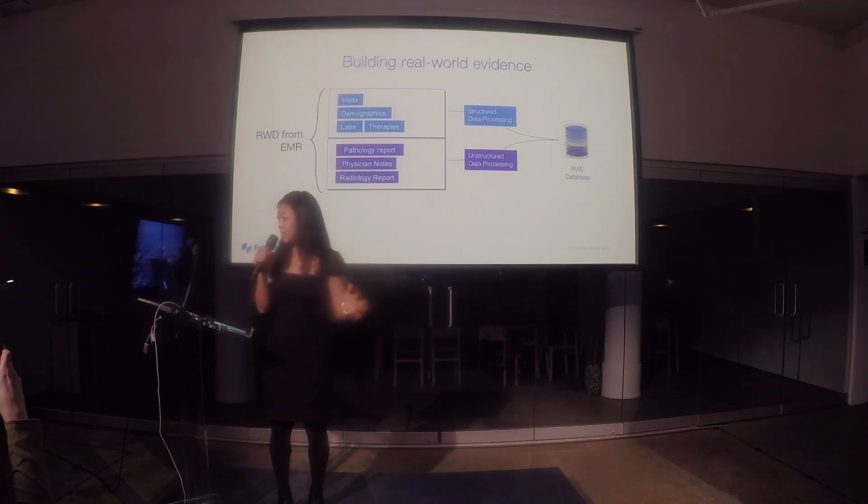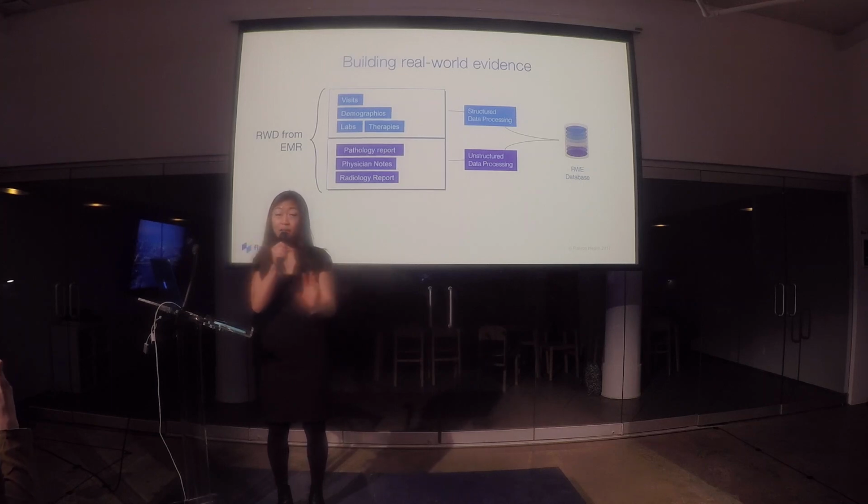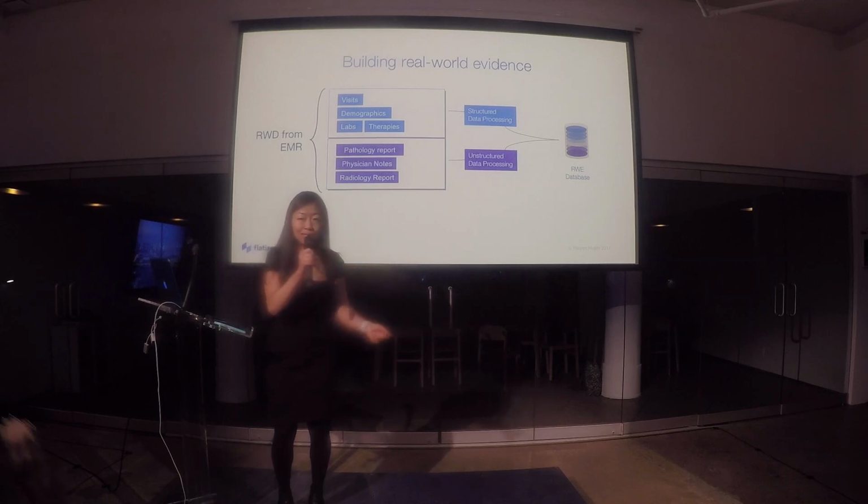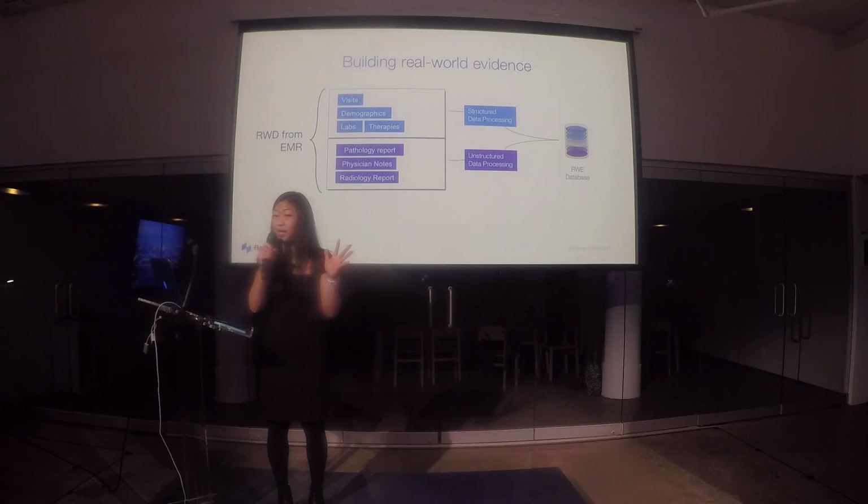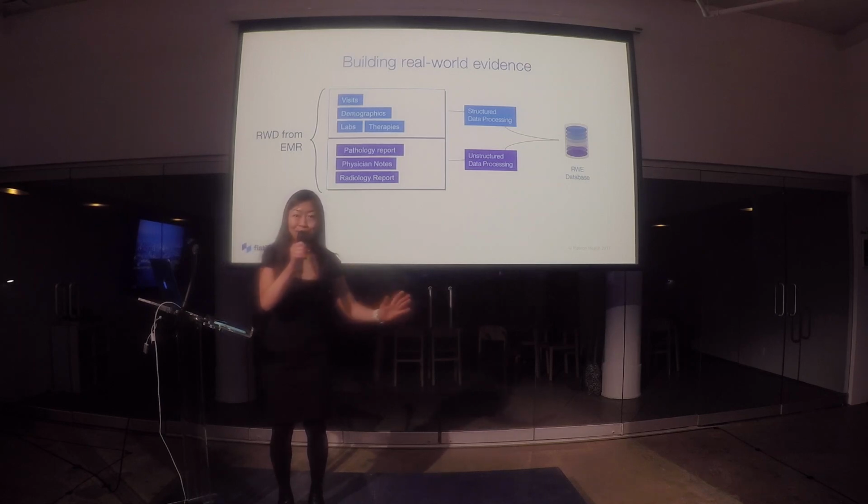There's a specific subset of the data processing problem that I wanted to focus on. The EMR typically contains two types of data. There's structured data, which you can imagine is the kind of data that comes from checkboxes or drop-downs or multiple choice menus. And there's also unstructured data, which is more the free-form text that might be generated when a doctor is typing up a note at the end of a visit, or it's the facts that you get from the radiology department.